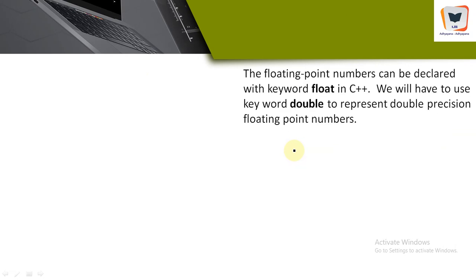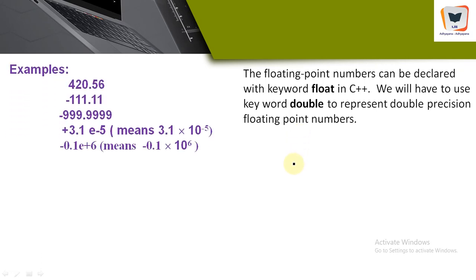Floating point numbers can be declared with the keyword float in C++. We will have to use the keyword double to represent double precision floating point numbers. Double precision will have 12 decimal places of accuracy, while ordinary floats will have 6 decimal places of accuracy. However, in most cases we are satisfied with float, because particularly in engineering circles, we are very happy if our results are accurate up to the second decimal place.